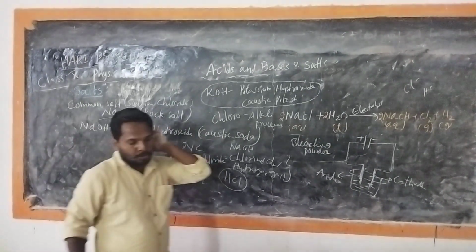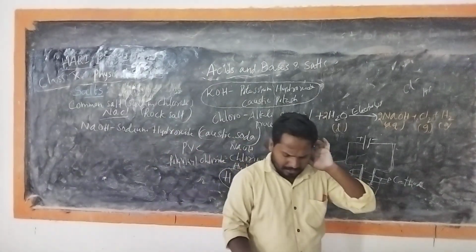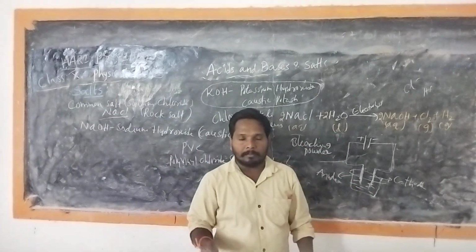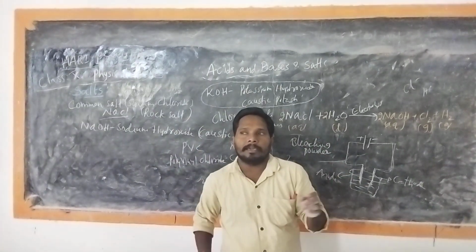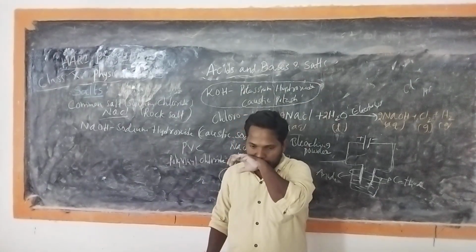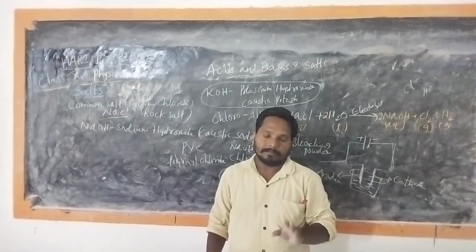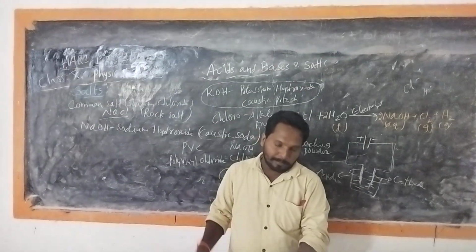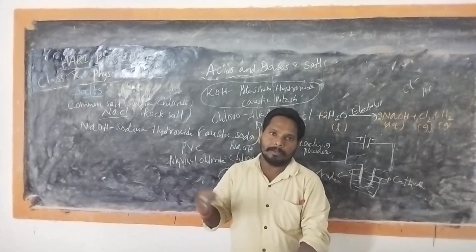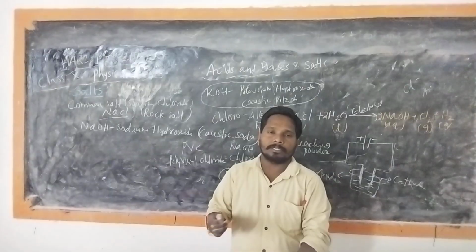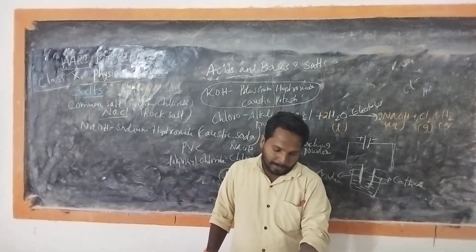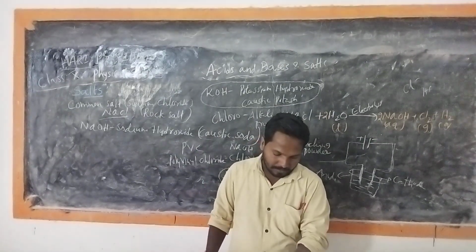And chloroform, which is used as an anesthetic substance. And carbon tetrachloride, which is used in dry cleaning centres, paints and dyes.